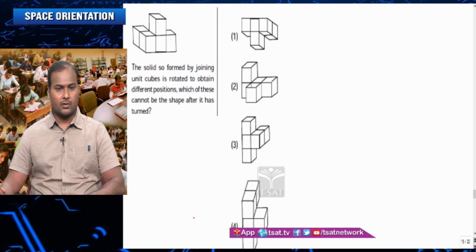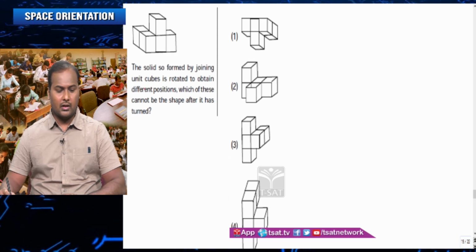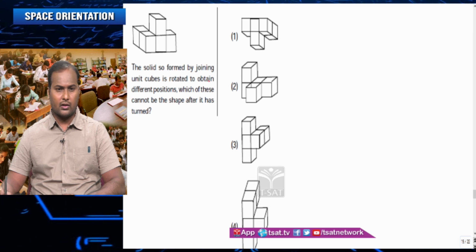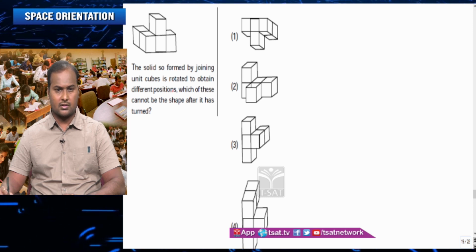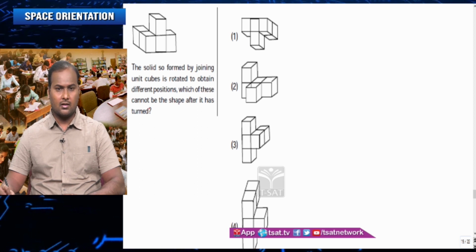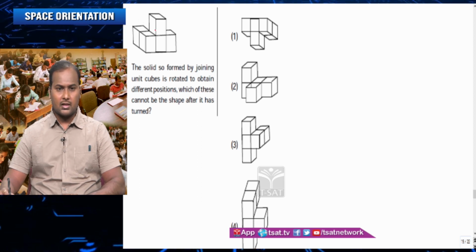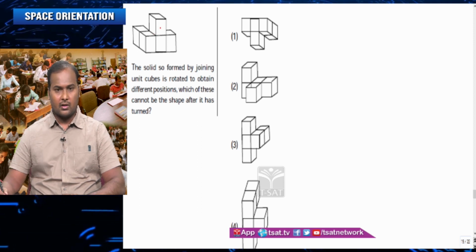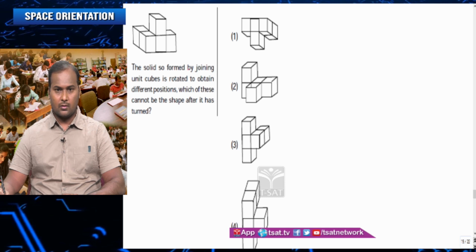See this question. It says that the solid so formed by joining the unit cubes is rotated to obtain different positions. Which of these cannot be the shape after it has turned? So clearly see the image. If I turn it into another shape, which one is possible and which one is not possible?